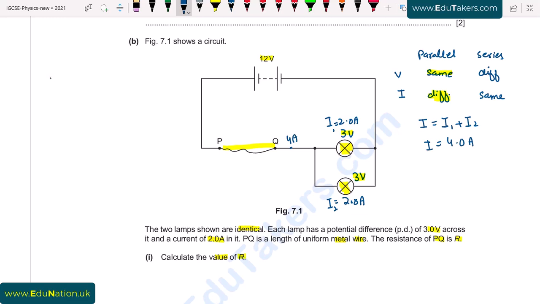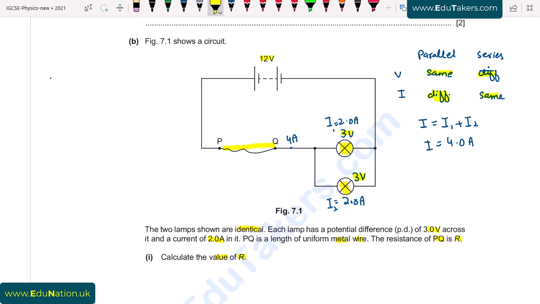So we also have to find out the potential drop across PQ. For that we can see that when I combine these two lamps, then the combination of these parallel lamps will be in series with PQ wire, and in series the potential difference is different while the current remains same.